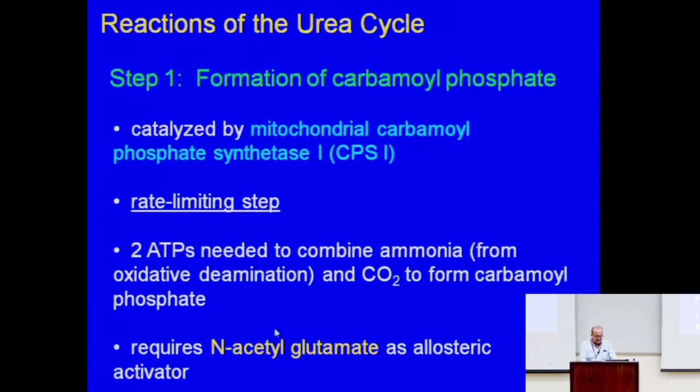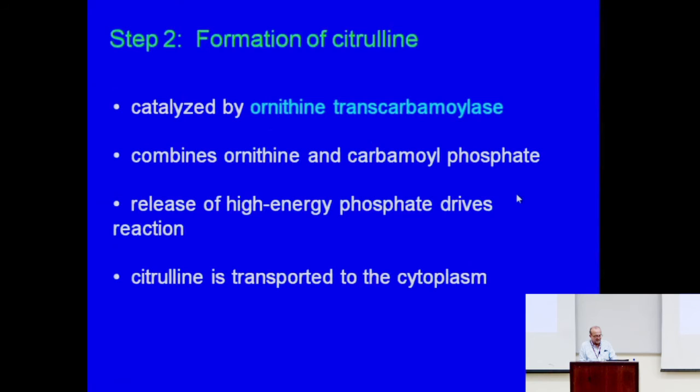So this is a derivative of an amino acid, glutamate, which binds to this molecule allosterically and activates it. Okay? So you absolutely need some of that to be there in order for this first enzyme to work. We'll talk about this molecule a little later and how it's made.